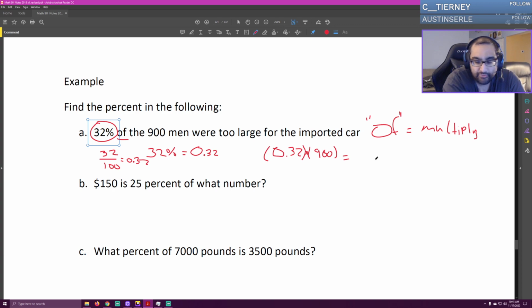What do we get as our final result? So 288 is correct. Good. So 288 is your final answer for this. That's 32% of 900.